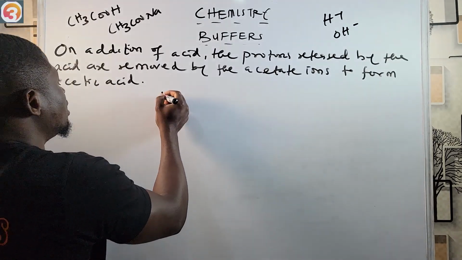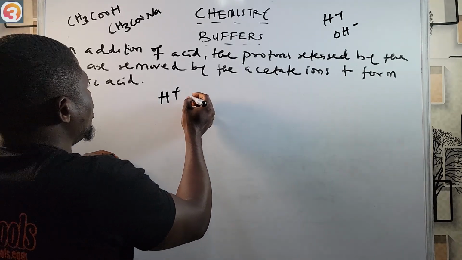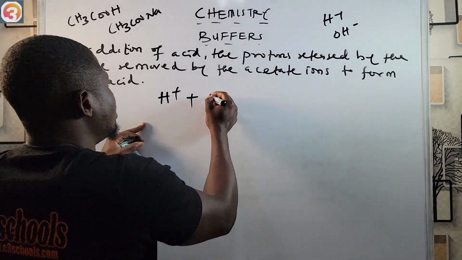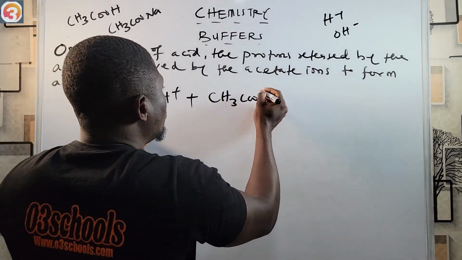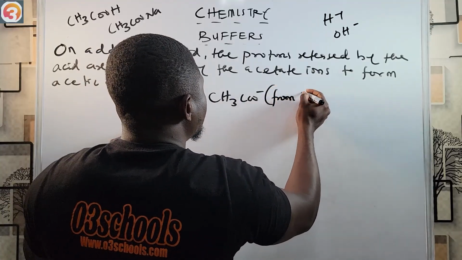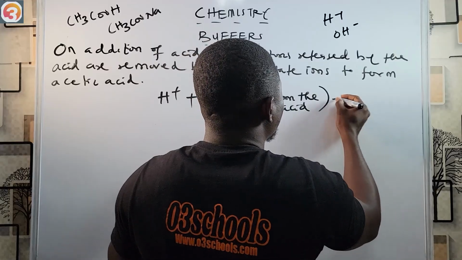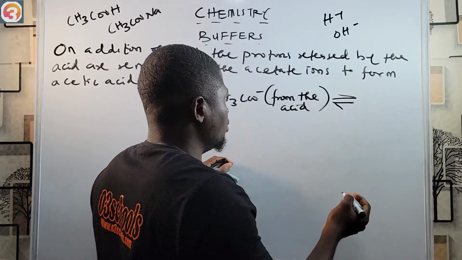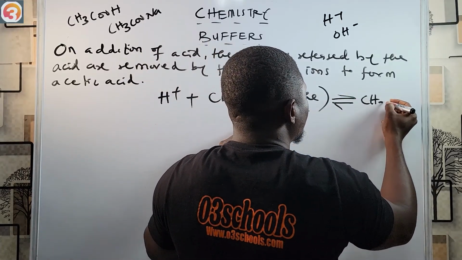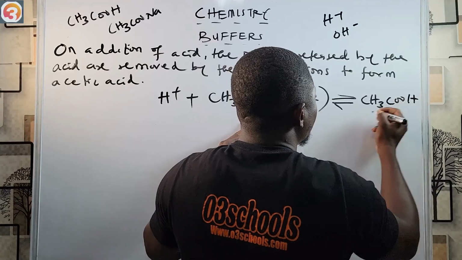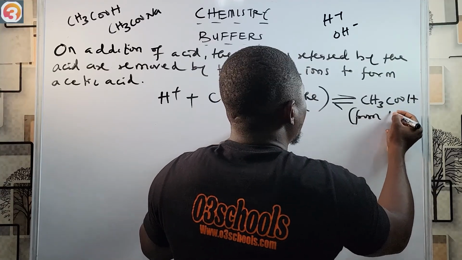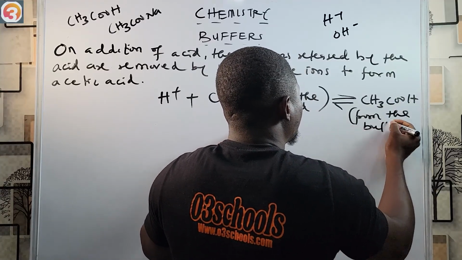The protons released, that is the hydrogen ion, plus the acetate ion, CH3COO-, from the buffer, will give us, in a reversible reaction, CH3COOH. This one is from the buffer solution.